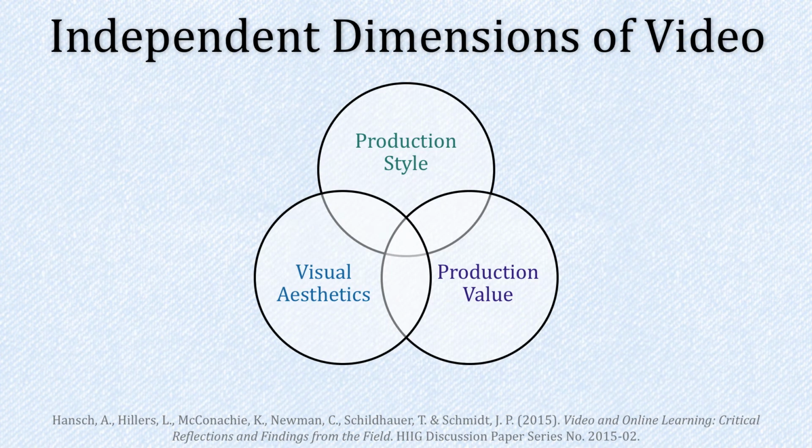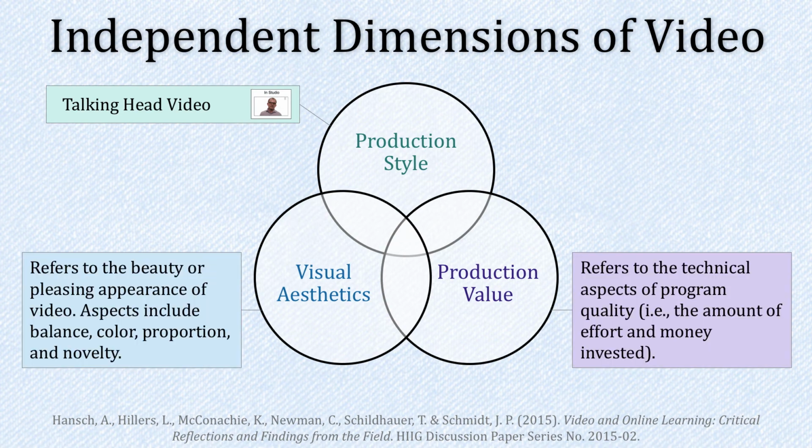Now keep in mind that there are independent dimensions of video. We talked about production style, visual aesthetics, and production value. Now I've assigned you the production style. You need to create for video 1 a talking head video. However, the visual aesthetics, how things look, the pacing, the balance, the sense of proportion, and the novelty you use, that's entirely up to you as the creative directors of your video.